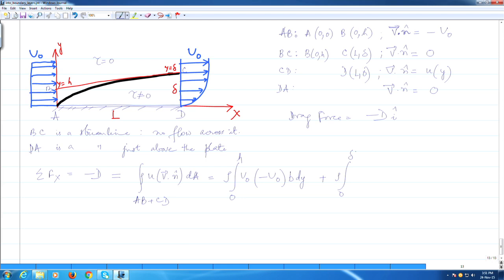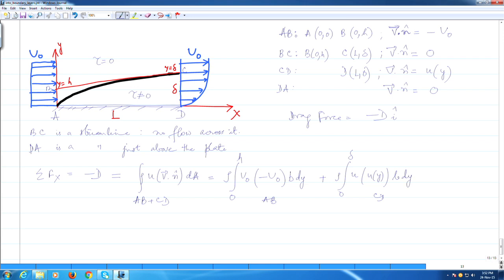So, we are looking at CD. This bit is for AB, and what we are doing here is for CD. So, for CD we go from 0 to delta. U will remain as U, we can't do anything. And V dot N is nothing but Uy. And dA is again B into dy.